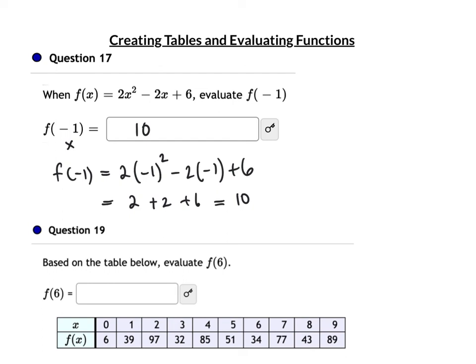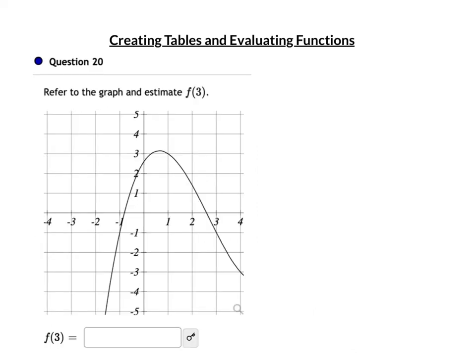And you'll love this next one. Evaluate f of 6. Remember that when you say f of 6, that's f of x, meaning that x is 6. So along the table, x is 6. And what would this be? Well, this is y. So y would be 34. Estimate f of 3. F of 3 is f of x.